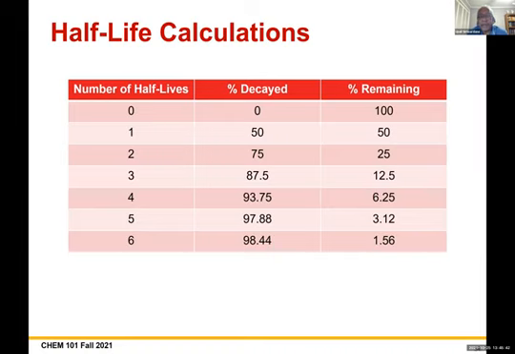You can see that, for example, after 6 half-lives, almost 98% is gone. So with a 1 hour half-life, after 6 hours, 98% is gone. Shorter half-life is less damaging.